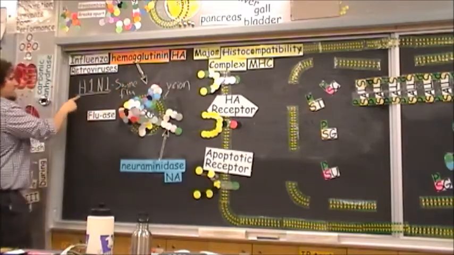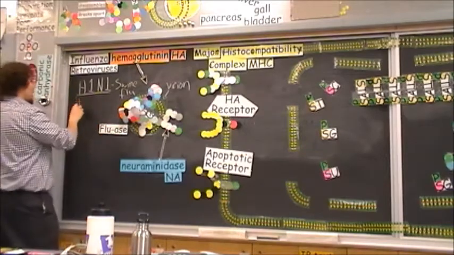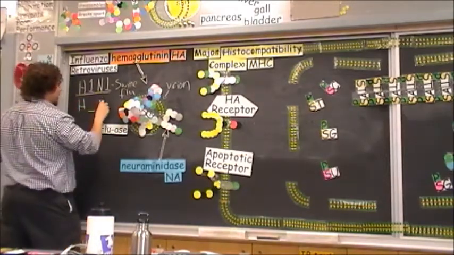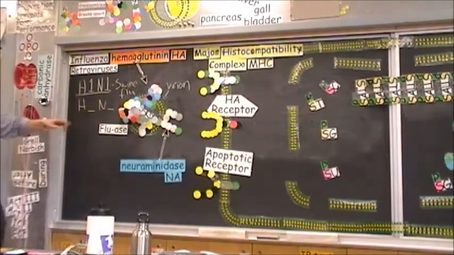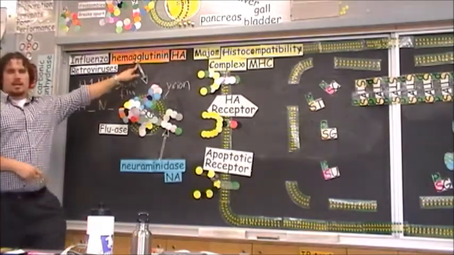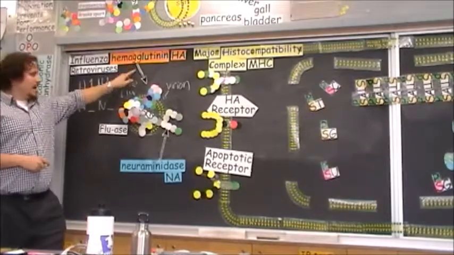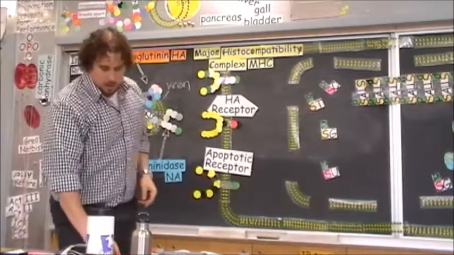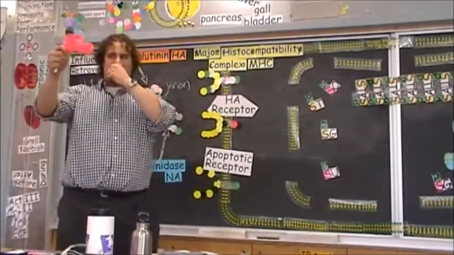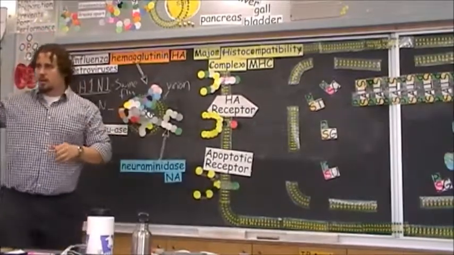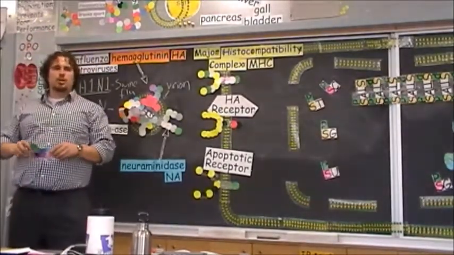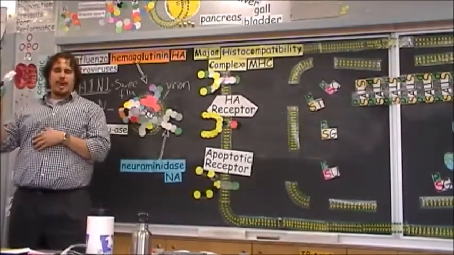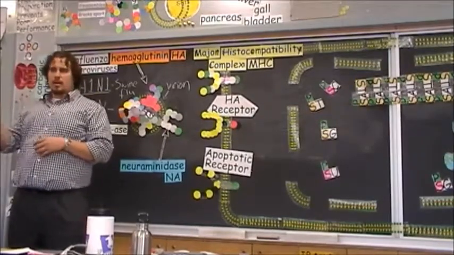Basically all flus are categorized by H blank N blank. There are 17 different H's. H stands for hemagglutinin. This is avian flu, this is H1. I was looking over some research and found that they've categorized 17 different hemagglutinins.